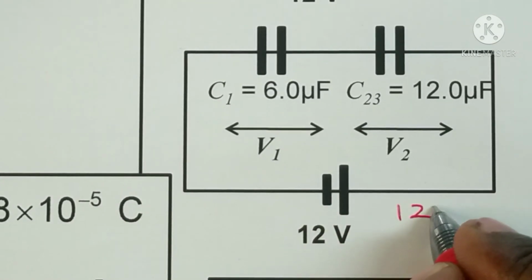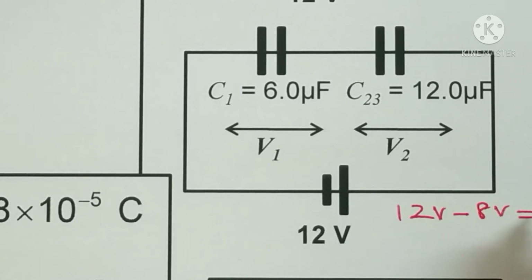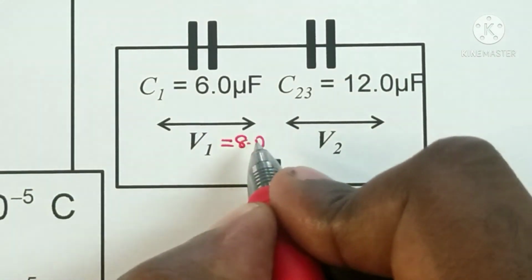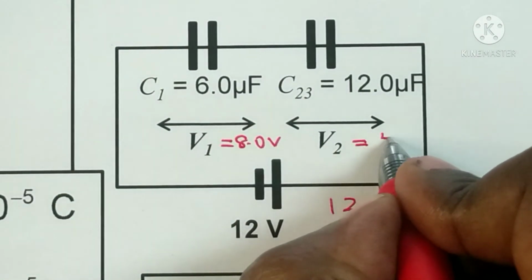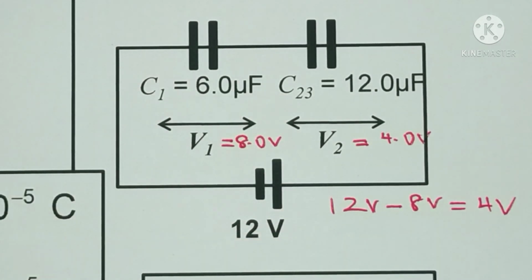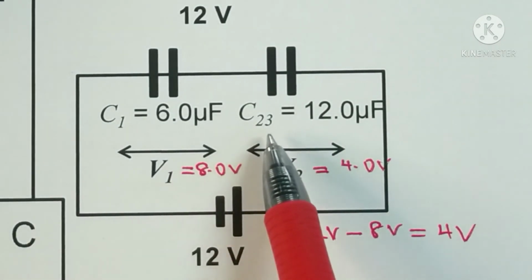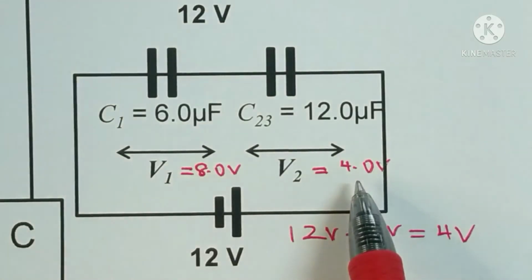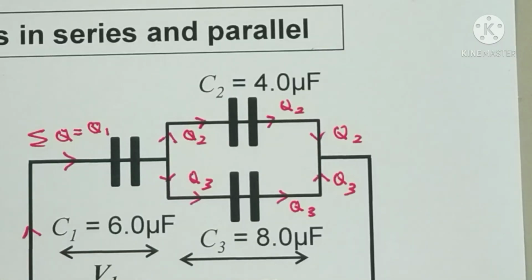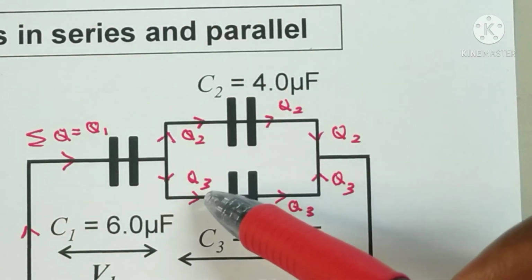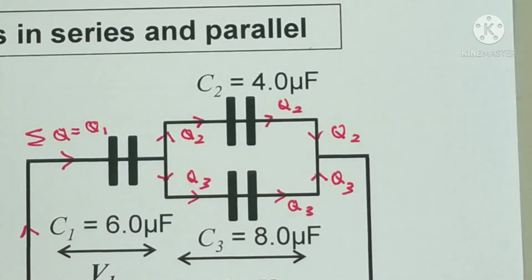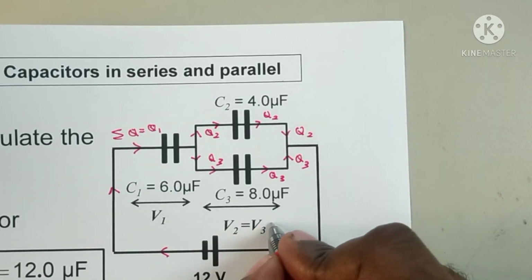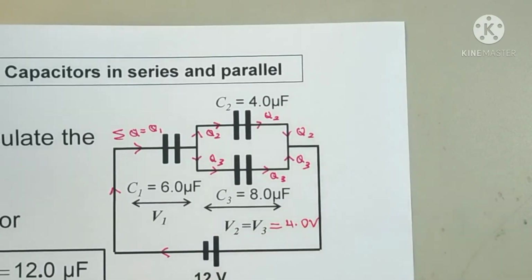So 12 volt minus 8 volt is equal to 4 volt. V1 is 8 volt, V2 is 4.0 volt. It means capacitor 2 and capacitor 3 have the same potential difference across them, which is 4.0 volt, where V2 equals V3, which is equal to 4.0 volt.